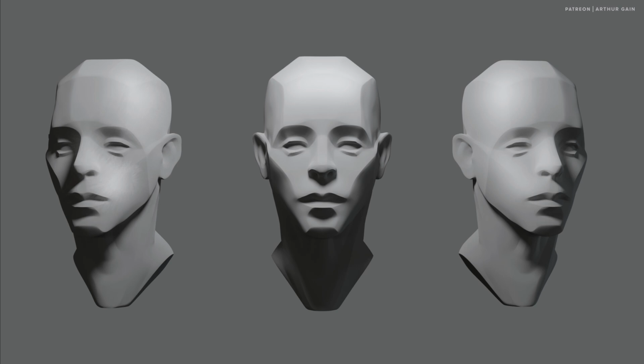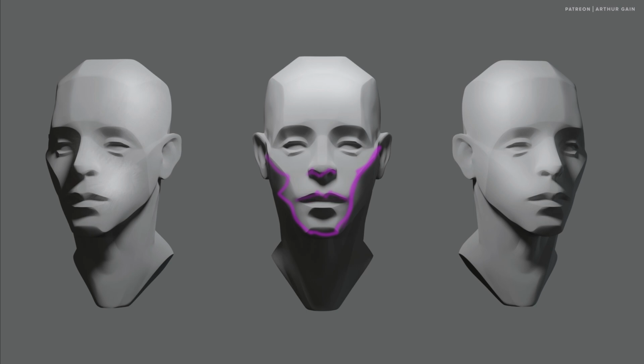So in this case, we can say that the core shadow is situated here. And if you've noticed, the core shadow is also showing all the time the design of these planes of the head. So the core shadow is situated on the meeting of these planes.